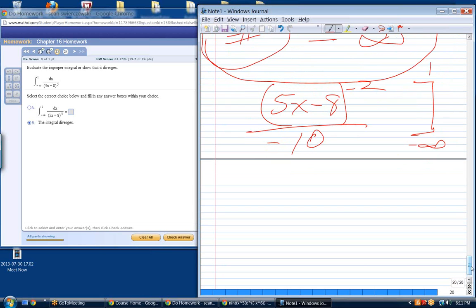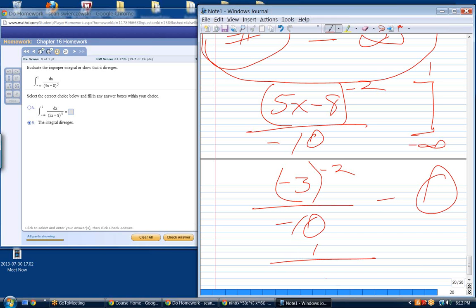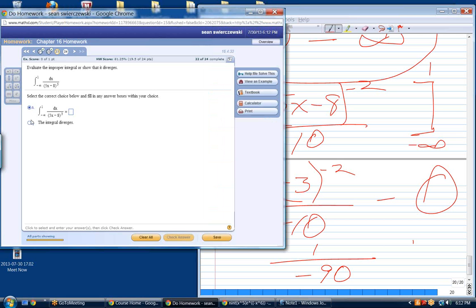So all we need is the 1 part. So 5 minus 8 is minus 3 to the minus 2 power divided by minus 10 minus 0 when we put infinity in there. So what is this? This becomes 1 over minus 90. Minus 1/90th.